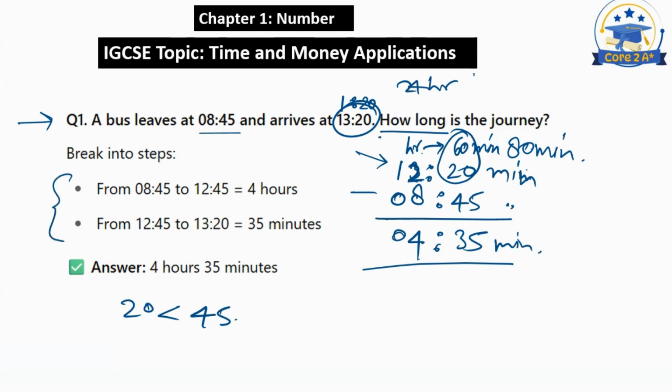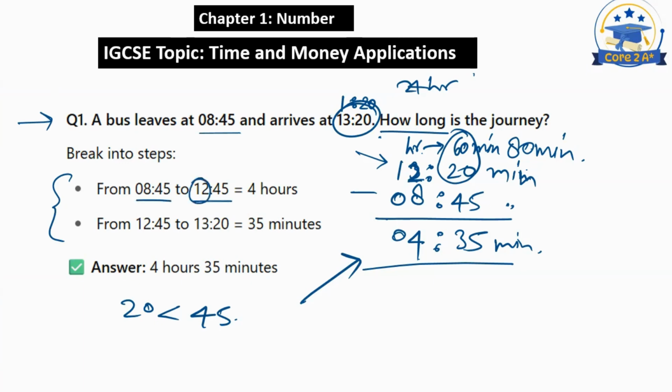And here we have a two-step option, but I would say this is your best way, so prefer this method. This is also good. It depends on what method you generally use from the beginning. So first, you subtract 8:45 from 12:45.